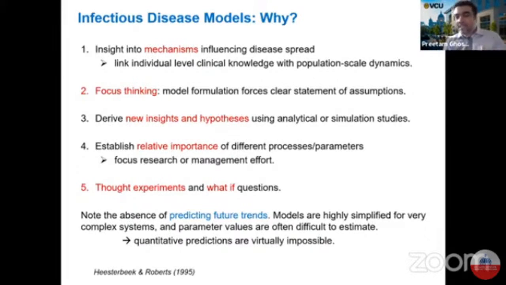So that's why qualitative predictions are much easier to do in these scenarios than quantitative predictions, like the peak is going to happen one month after and all, right? That type of quantitative prediction is very, very difficult to make considering the complexities of these types of models.